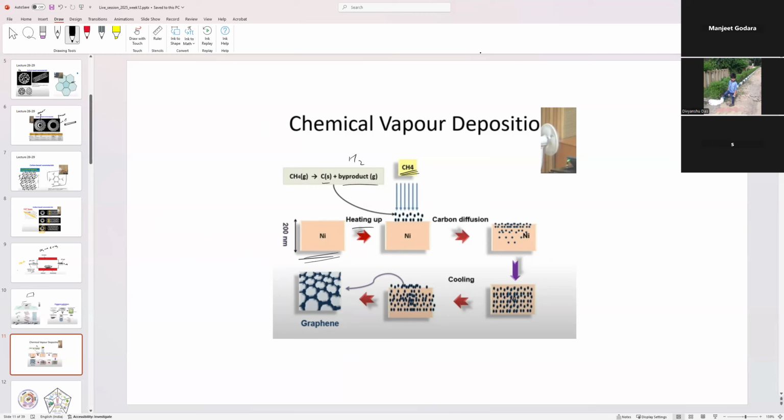This carbon will diffuse onto the surface due to heat, you form the structure, and as you cool it down, you get graphene on the surface.